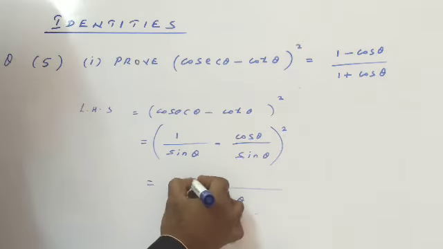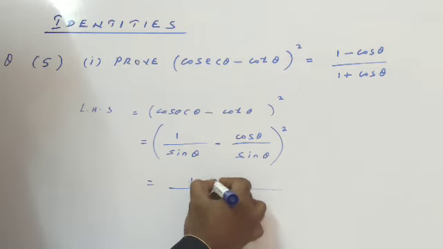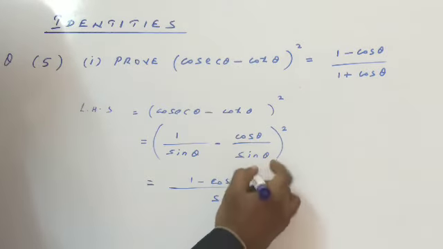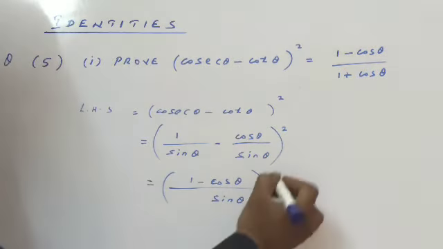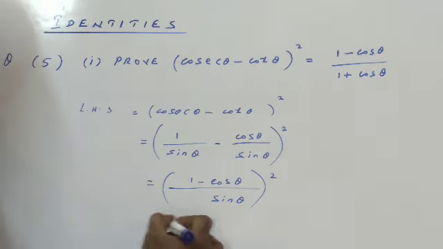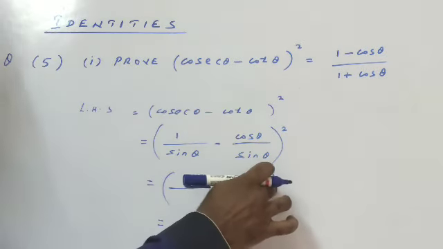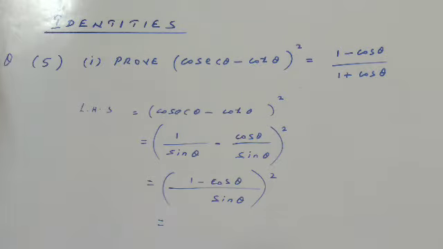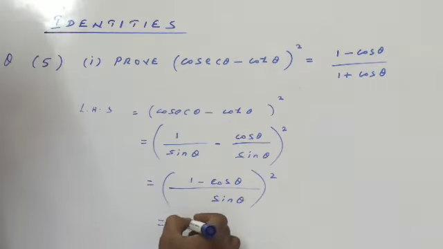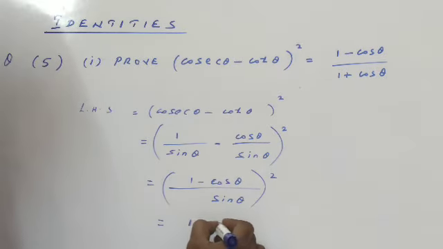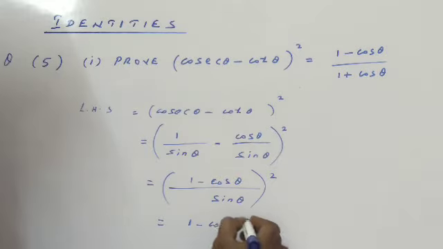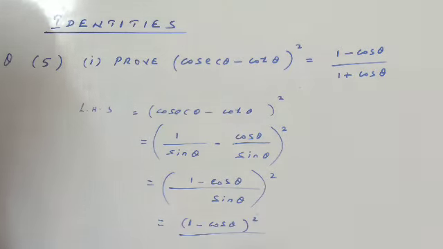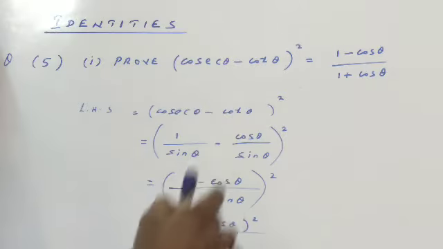In the numerator, we have 1 minus cos theta. Now this square is common for 1 minus cos theta as well as sin theta. Now write separately 1 minus cos theta the whole square divided by sin theta whole square.